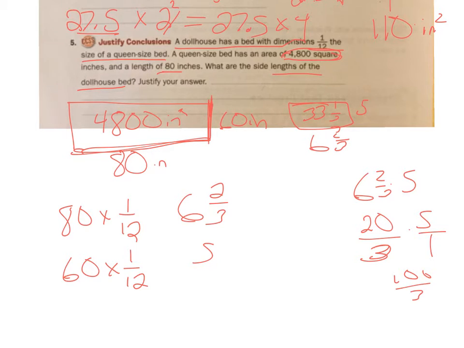That's my area, inches squared. So we go from 4,800 to 33 and 1/3. Big difference. Now, I could have figured that out by taking my area, 4,800, times 1/12 squared, and that would have got me this new area. But it asked for what are the side lengths of the dollhouse, and I was able to figure that out: 6 2/3 by 5. Okay, one more.